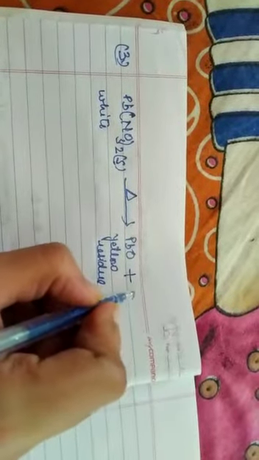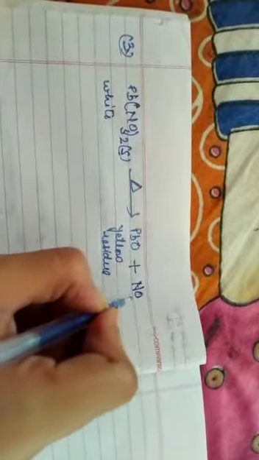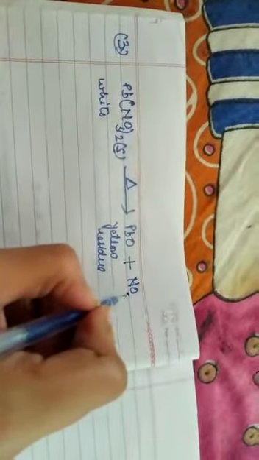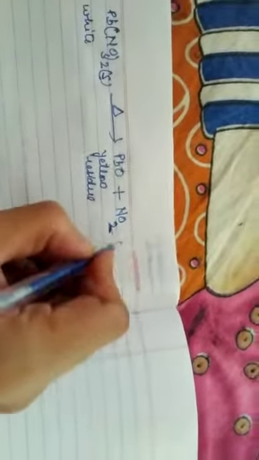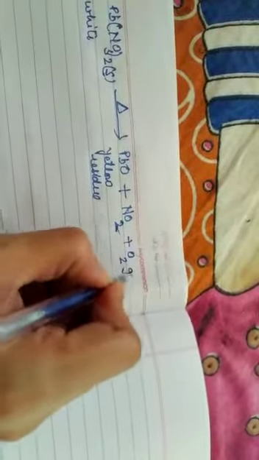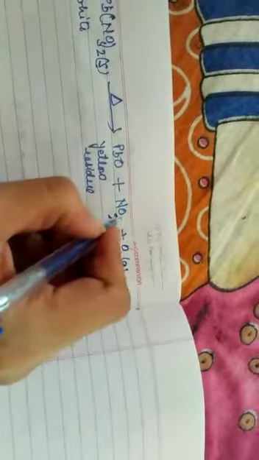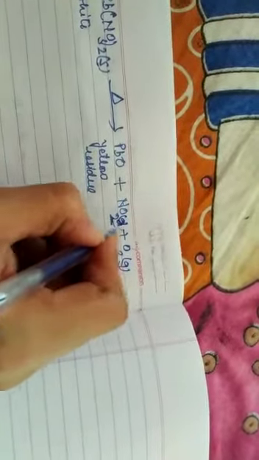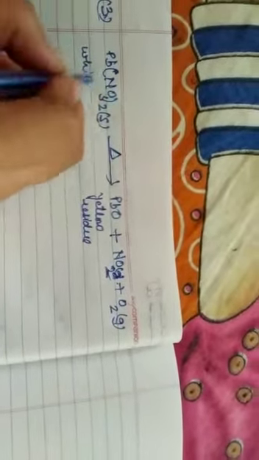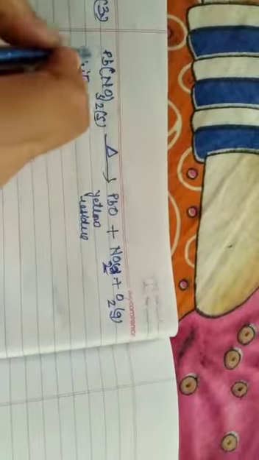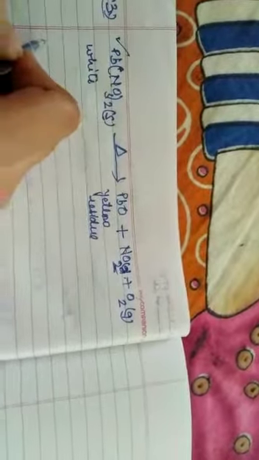Now, brown fumes are always of nitrogen, so this gas is nitrogen dioxide, plus oxygen gas is also evolved. Okay, so lead nitrate, we can balance this equation by yourself.